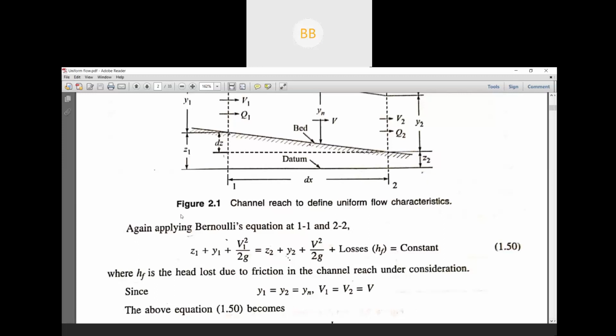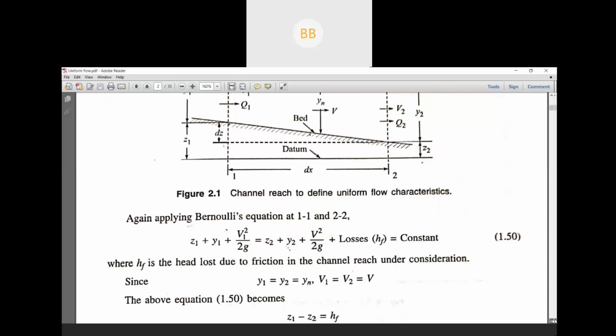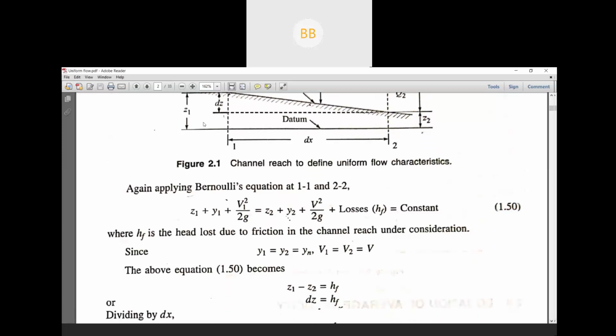This Bernoulli's equation is applicable not only in uniform flow, it is applicable in other flows also. But as we are considering uniform flow, the depth of flow at section 1 is equal to the depth of flow at section 2, and the velocity at section 1 is equal to the velocity at section 2.